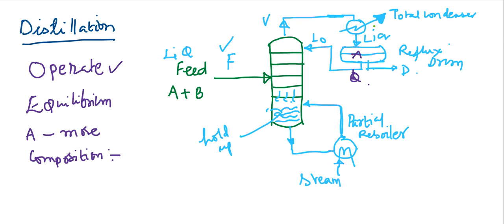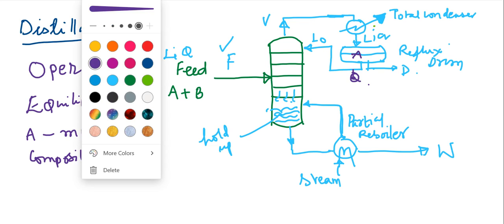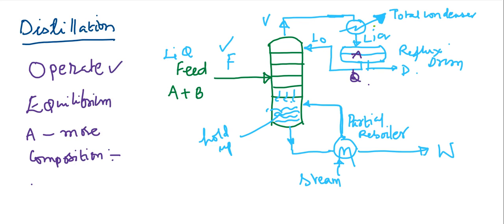Once you start giving feed and some distillate is being drawn, now you start drawing bottom product also, which can be represented as W. So in this whole scenario, what we are trying to know is that there is feed F, and after equilibrium is attained, products are drawn as D as the top product and W as the bottom product.